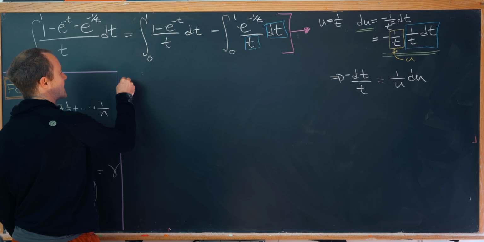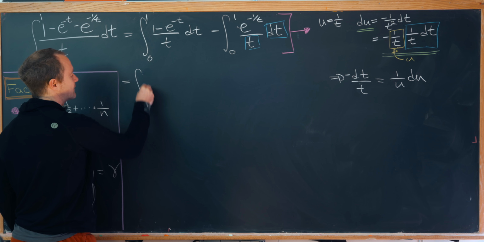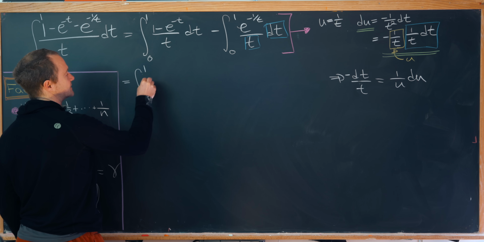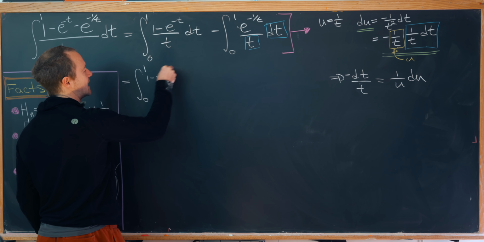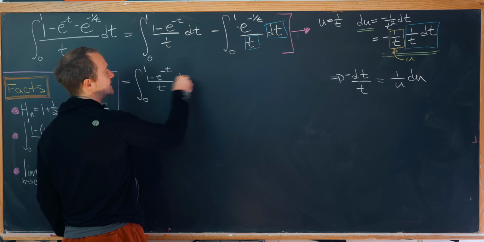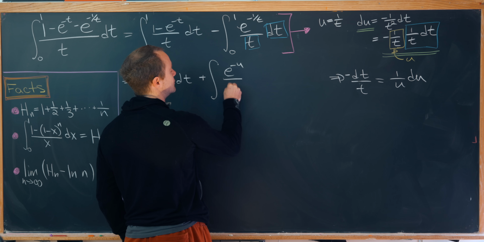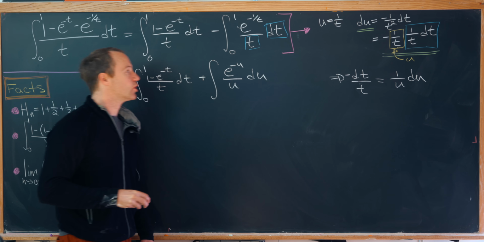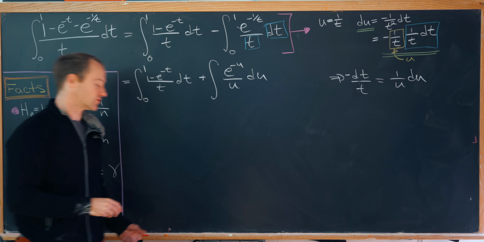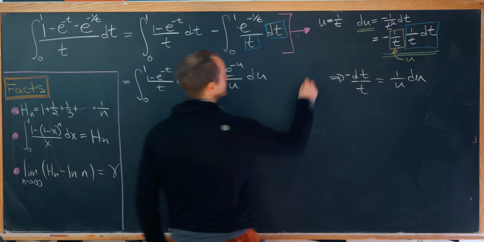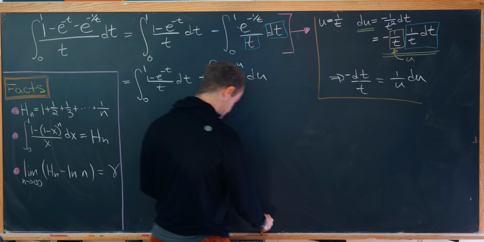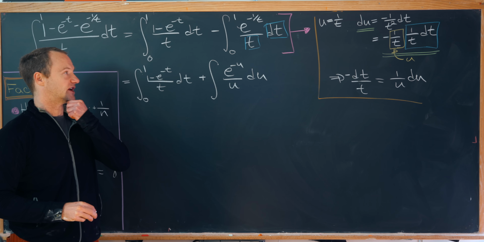Okay, so let's bring that down. We'll leave the first integral as is, so it goes from 0 to 1 of (1 minus e to the minus t) over t dt. Then we'll have plus the integral of e to the minus u over u du, where I haven't done anything with the bounds of integration yet, and that's because those need to change. But how do they need to change?